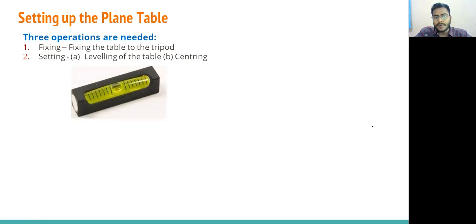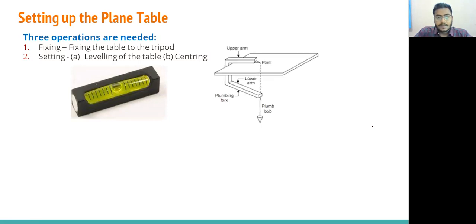By using the screw also we can do the leveling. Second is centering. Centering means we have to transfer the ground station or ground point to the drawing sheet, using the plumbing fork and plumb bob, as we already discussed.